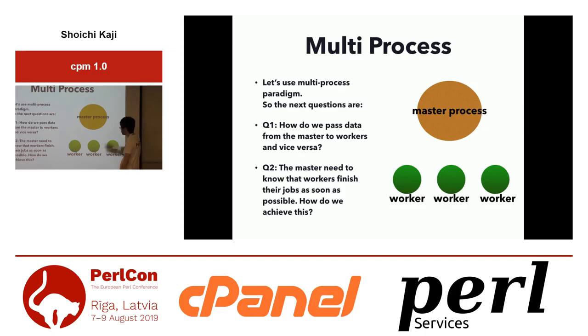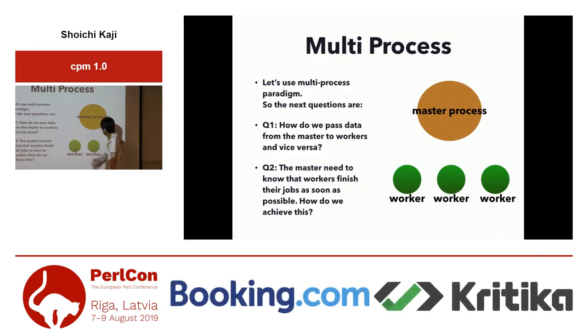So, how do they communicate with each other? And the next question is, the master needs to know that workers finish their jobs as soon as possible. How do we achieve this?